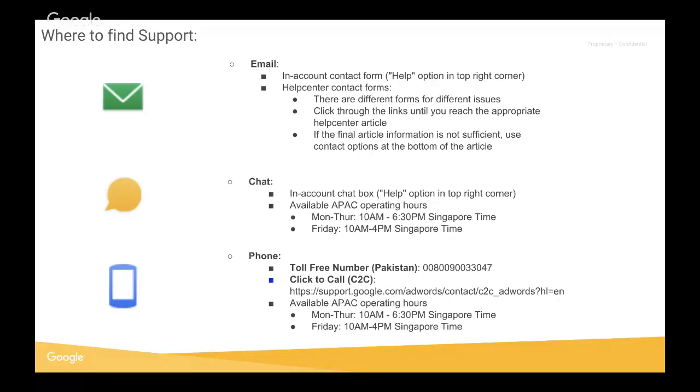I know it's a bit complex, but this is the C2C form where you can fill it out, put in your phone number, and submit it. We will call you back within a few minutes. So that's also a useful option by which to reach the support team. Again, support hours are 10 a.m. to 6:30 p.m. Singapore time Monday to Thursday, and Friday 10 a.m. to 4 p.m.